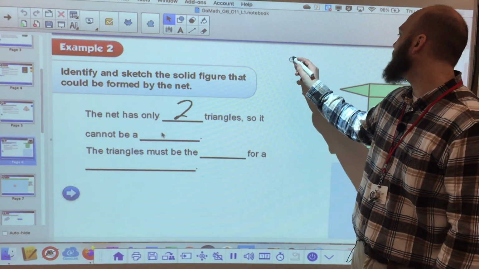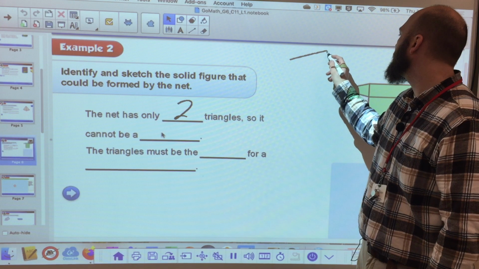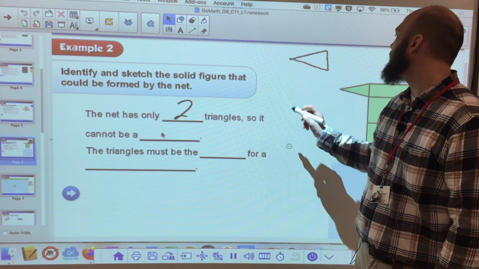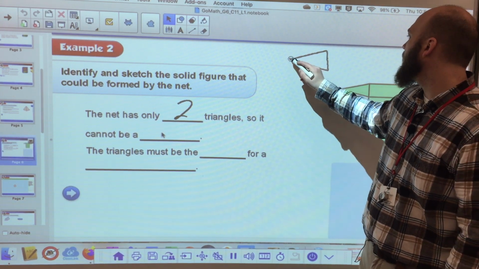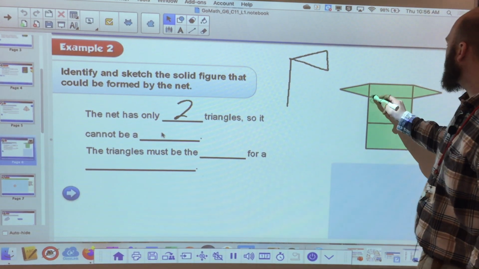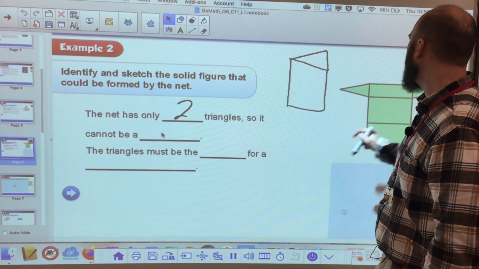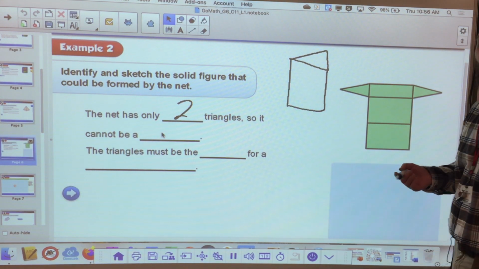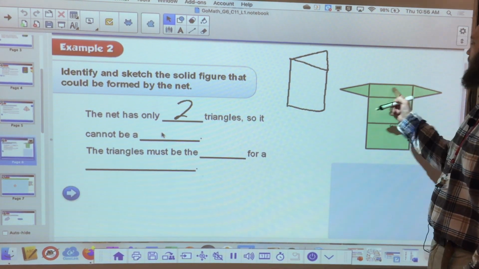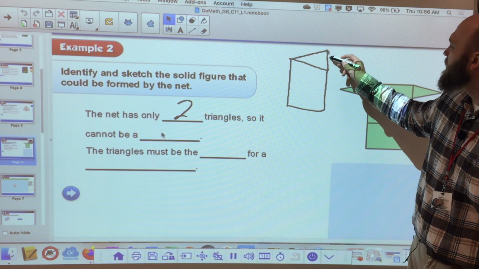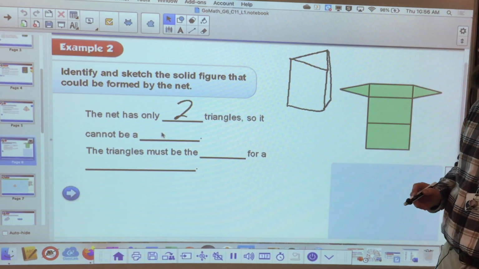So I start with the top, and I just draw myself a triangle, right? And off of that triangle, I see if I were to close this, I have a side that is a rectangle, and then I have another side right here that is a rectangle.